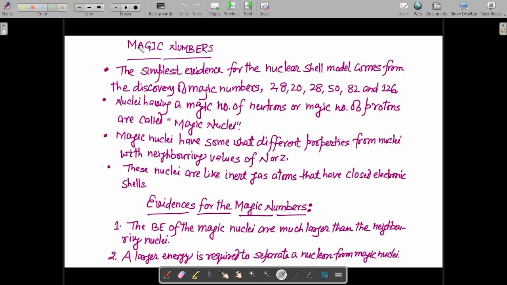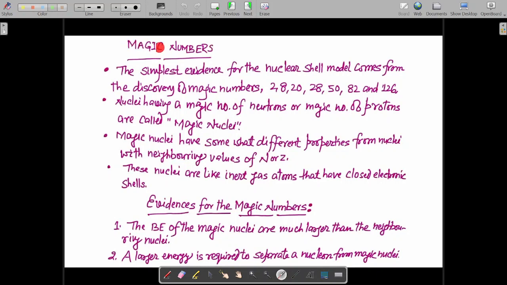That's how the nucleons revolve inside the nucleus.